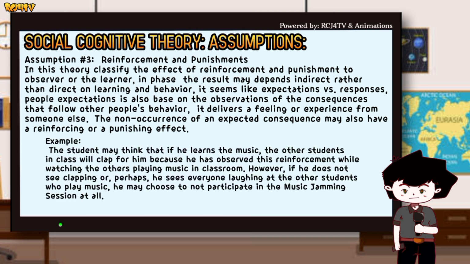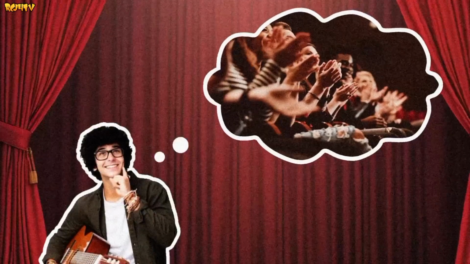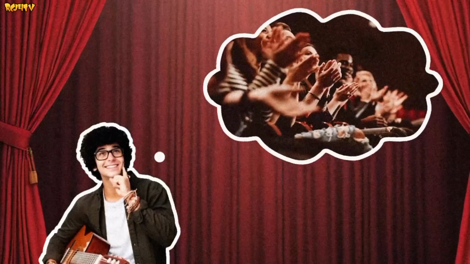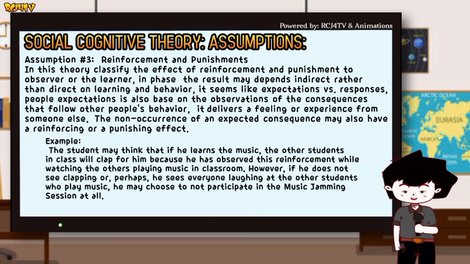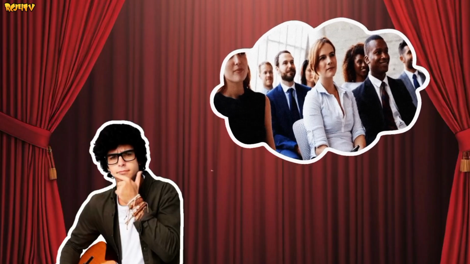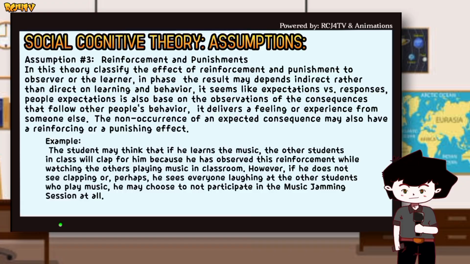For example, the student may think that if he learns the music, the other students in class will clap for him because he has observed this reinforcement while watching the others playing music in the classroom. However, if he does not see clapping, or perhaps he sees everyone laughing at the other students who play music, he may choose to not participate in the music jamming session at all.